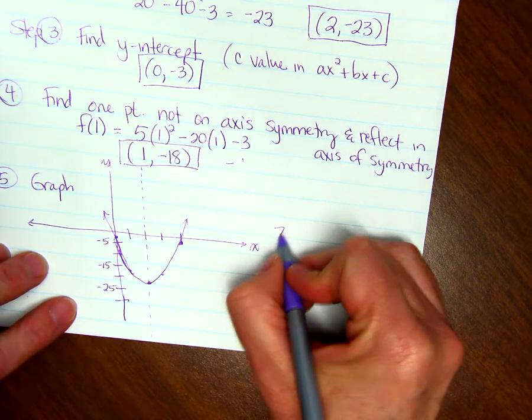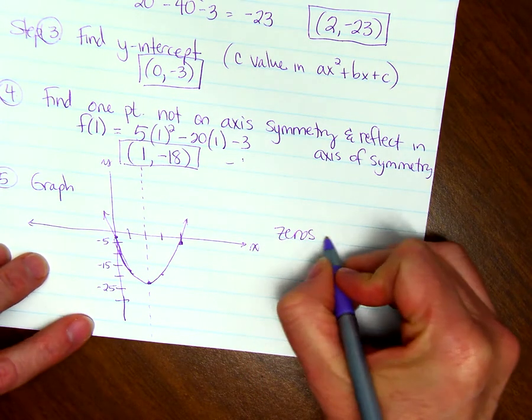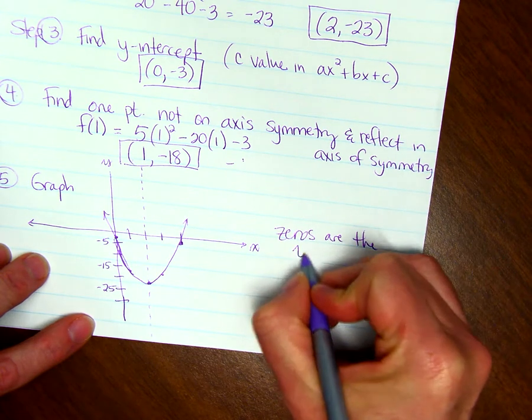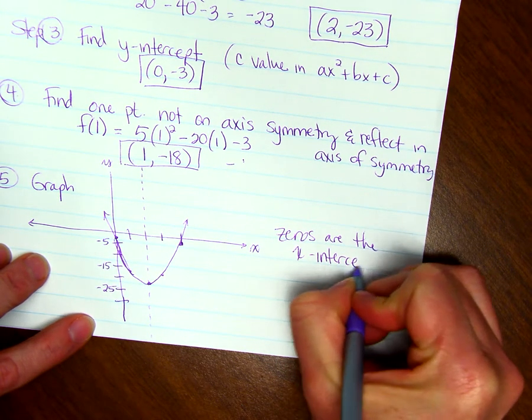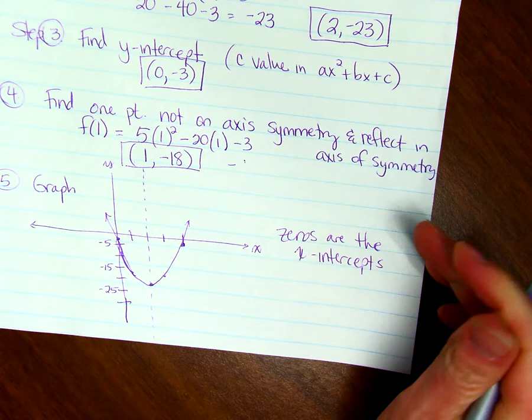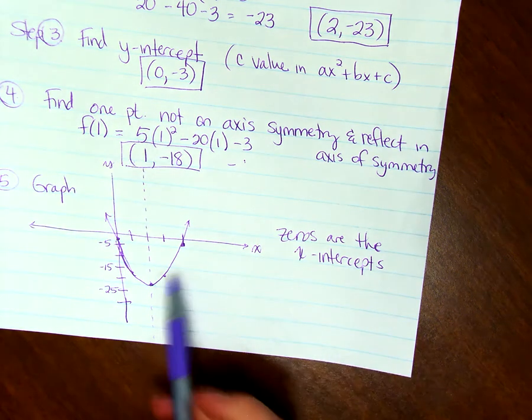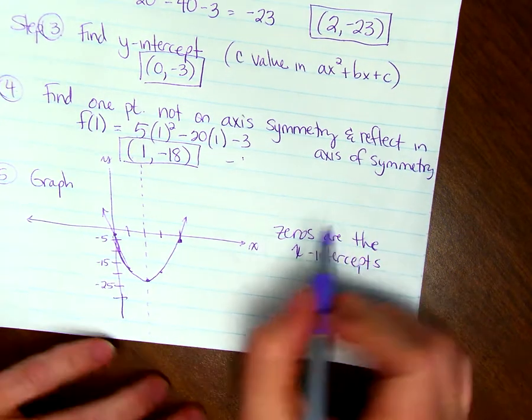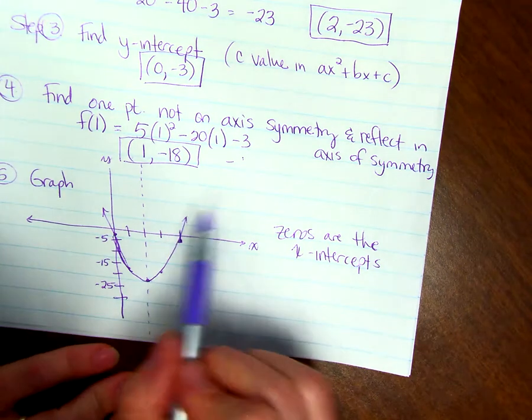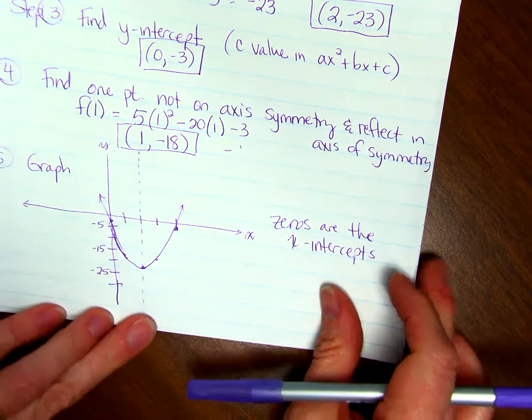The zeros are the x-intercepts, where it crosses the x-axis. So if we want to find the zeros, we need to find where it crosses the x-axis, when y equals 0.